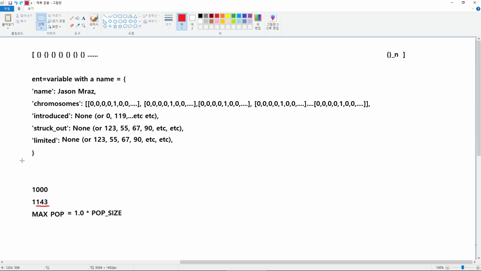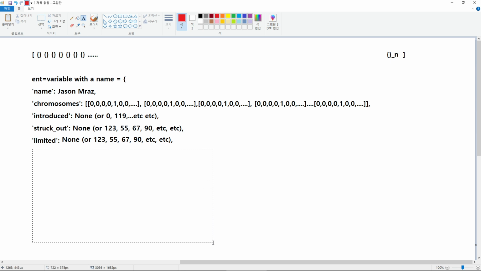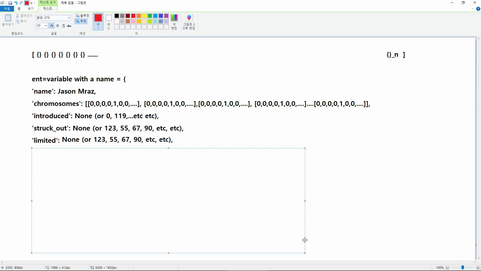And then after that, this is what each entity dictionary currently has. Each variable that is an entity, which is a dictionary, has these. But maybe in the future I could have parents, with the names of parents, parent 1, parent 2, something like that.